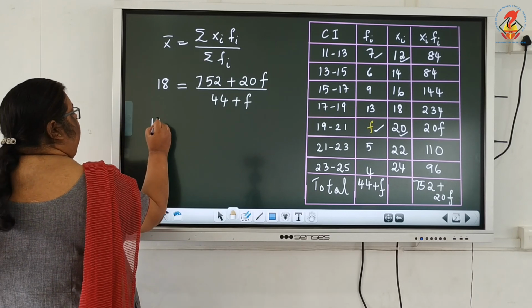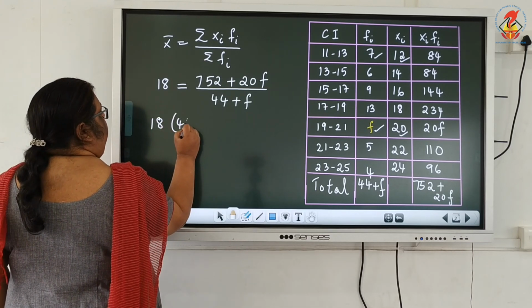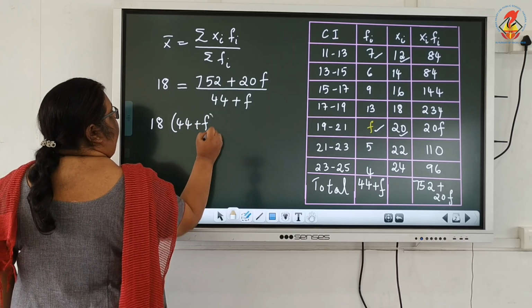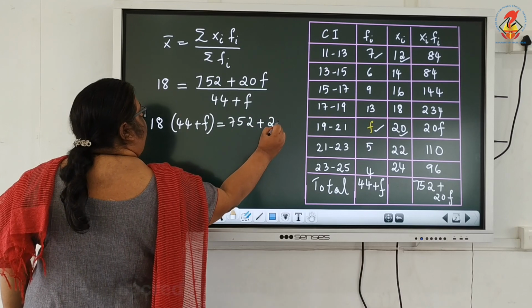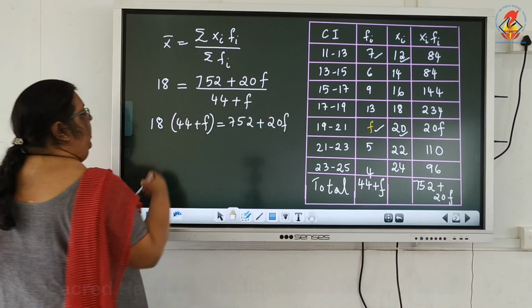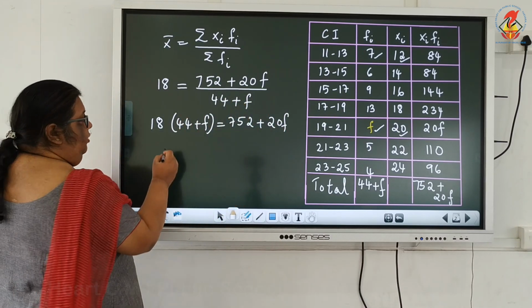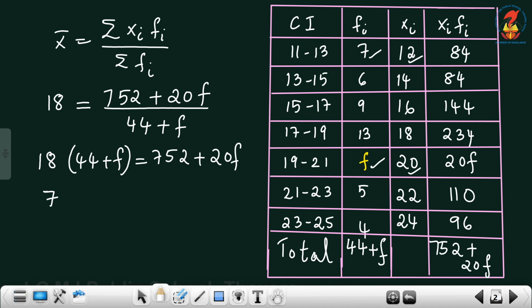Cross multiply: 18 into 44 plus f is equal to 752 plus 20f. Then using the distributive property, open the bracket and find the value of f. 792 plus 18f is equal to 752 plus 20f.